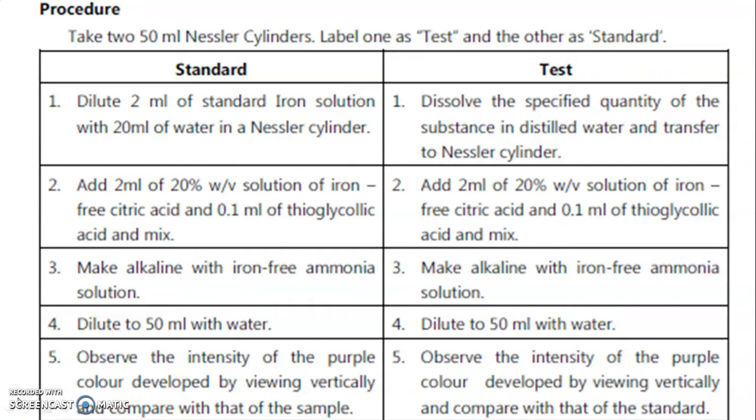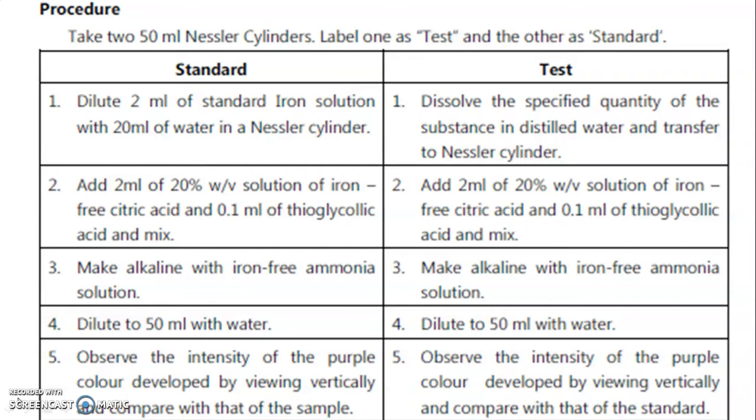Then we will first mark test and standard on both. In the first step, we will take 2 ml of standard iron solution with 20 ml of water in the Nessler cylinder, which is marked as standard. While in the test, we will dissolve a specified quantity of substance in distilled water and transfer it to the Nessler cylinder, which is marked as test.